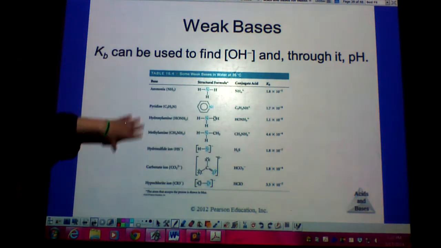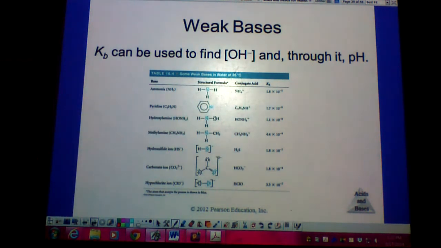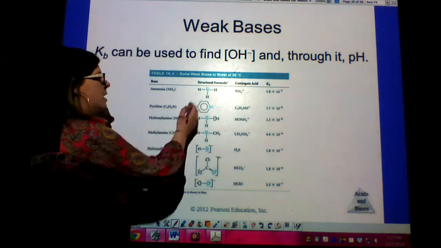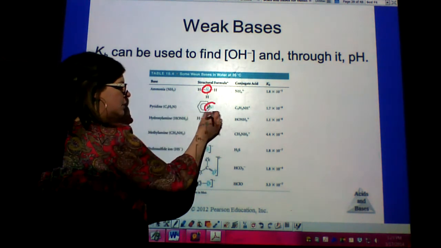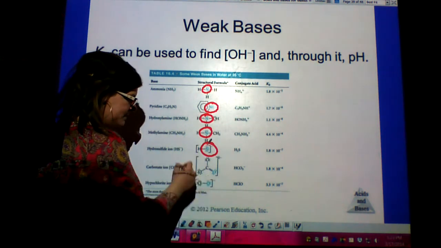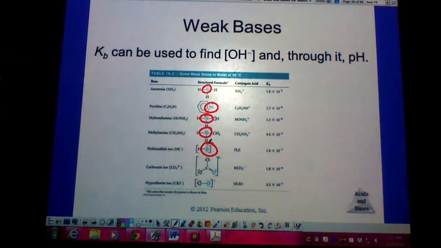So these are some common weak bases. This is table 16.4 in your book. If you look closely at this, I know it's probably really hard to see on here, but there's a lone pair here, lone pair here, lots of lone pairs, and even more lone pairs.